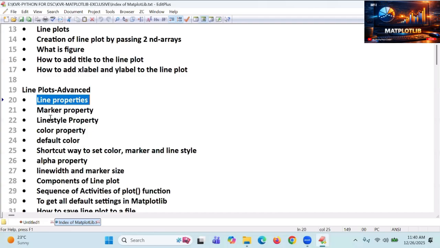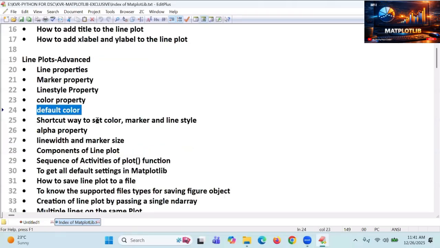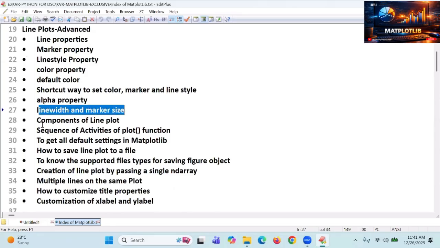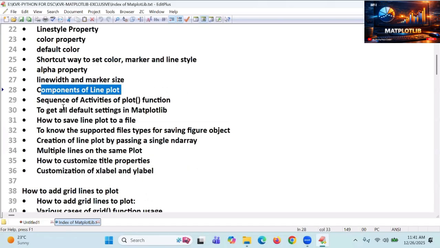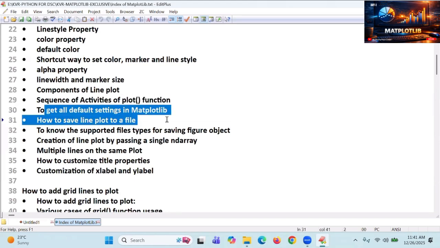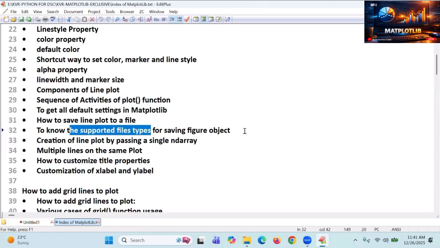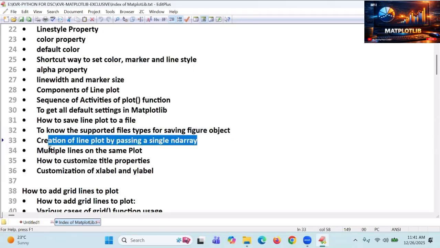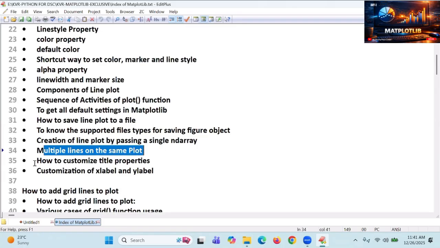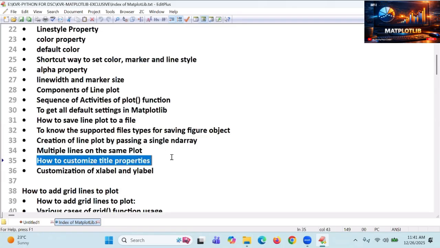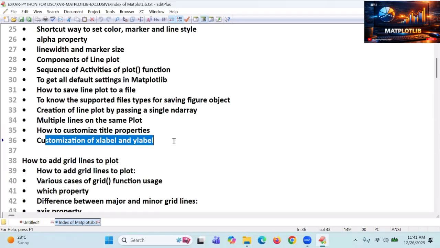Line properties, marker property, line style property, color property, default color, short way to set the color, alpha property, and line width, marker size, component line property, sequence activities of plot function. So many. How to save the line plot, knowing supported file formats of the save figure object, creation of a line plot by passing a single ND array, multiple lines on the same plot, customizing title properties, customization of X label, Y label.